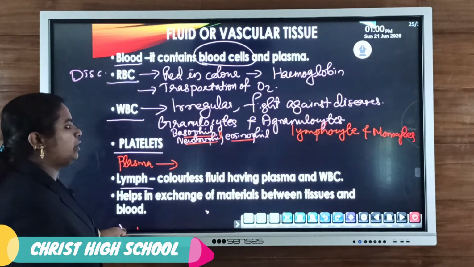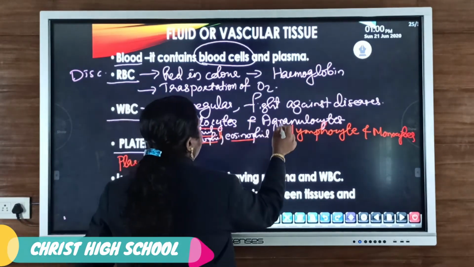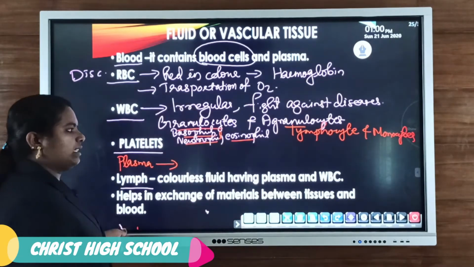So 3 types are known as granulocytes and 2 are known as agranulocytes.